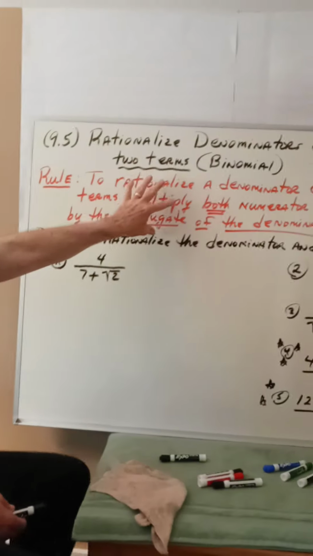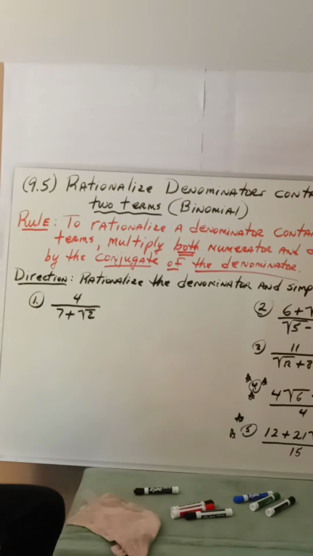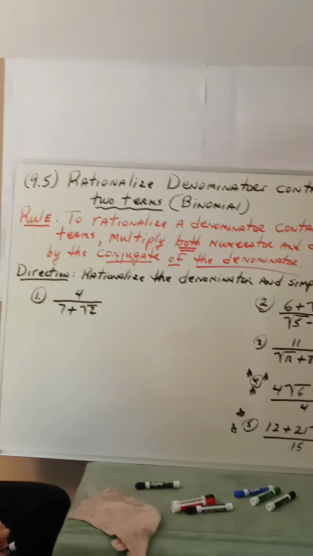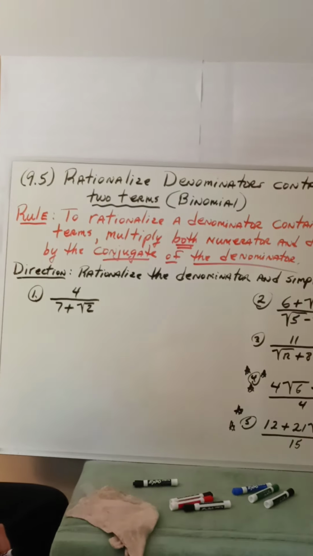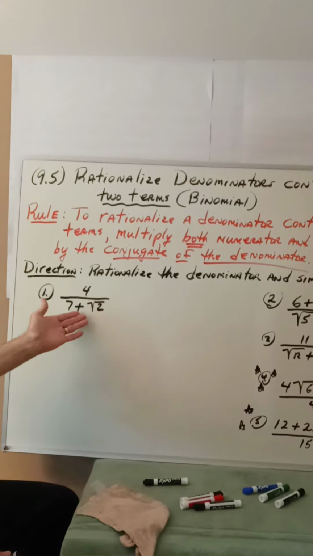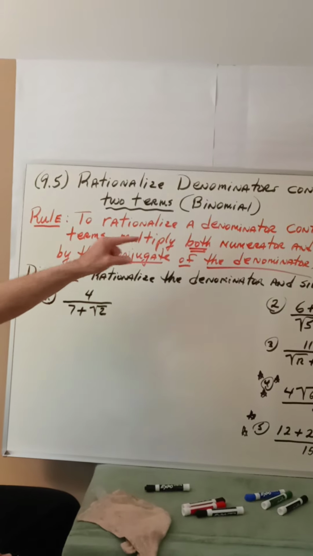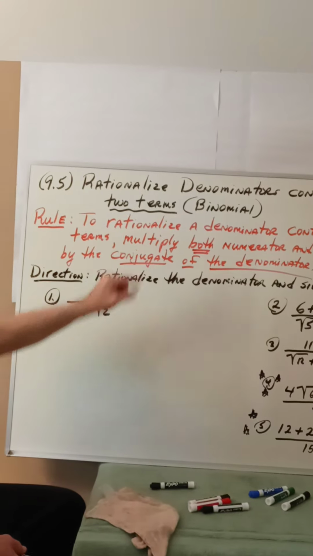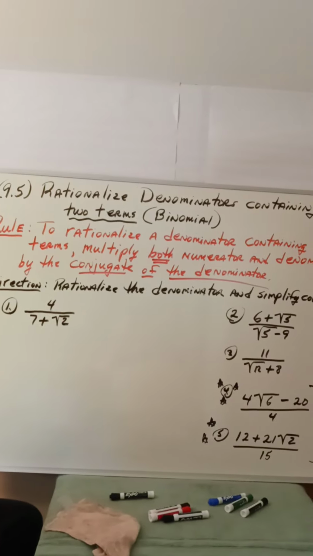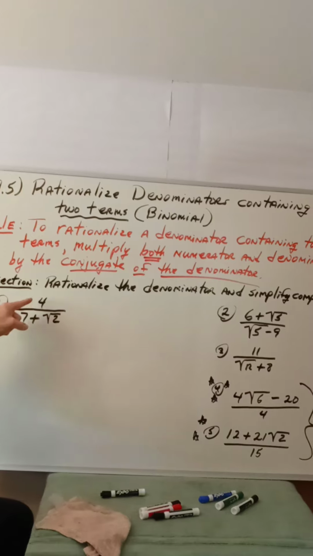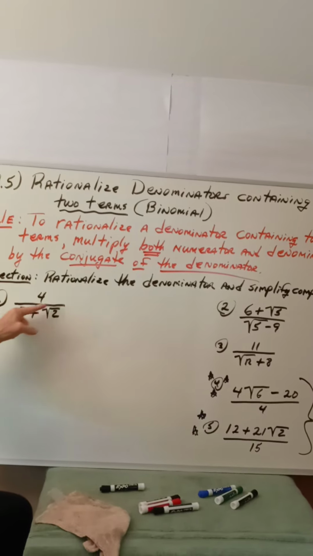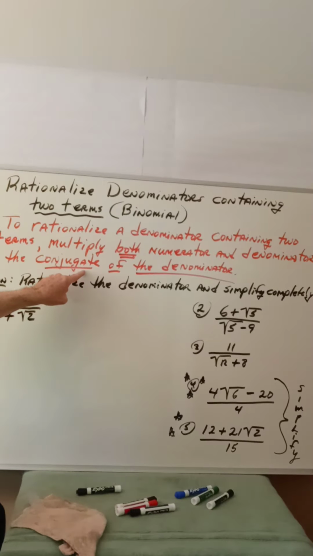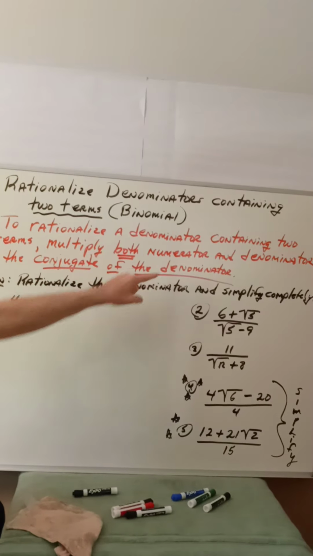So up here in red, I don't know if it's showing red on the video, here is the rule of how we rationalize a denominator that contains two terms. To rationalize a denominator containing two terms, we multiply both numerator and denominator by the conjugate of the denominator.